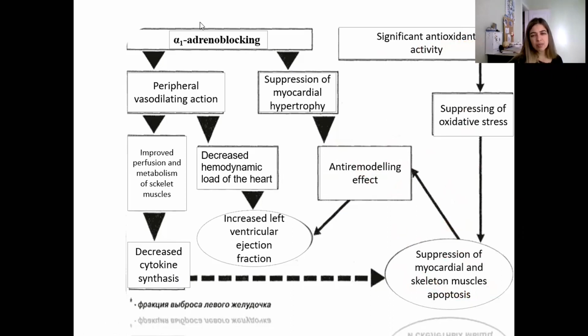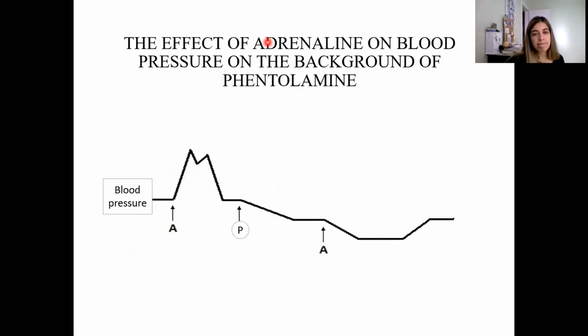So we can see by this scheme that alpha adrenoblocking is not just relieving the high blood pressure, it is also the protection of your heart, so as not to destroy the cells. What is interesting here about the blood pressure?